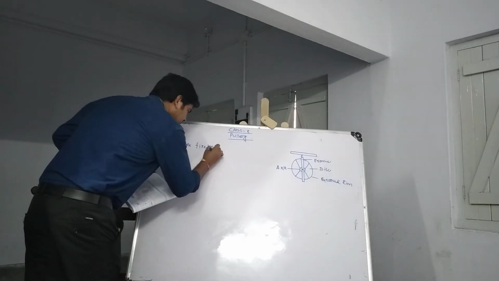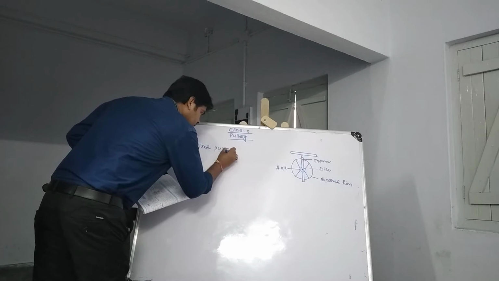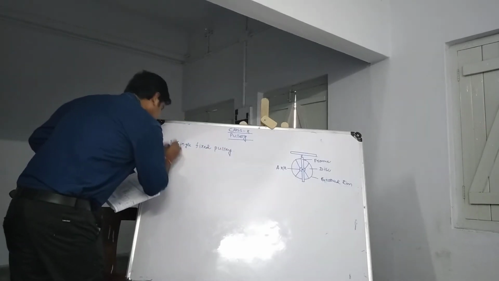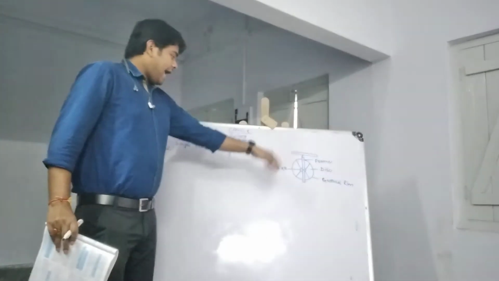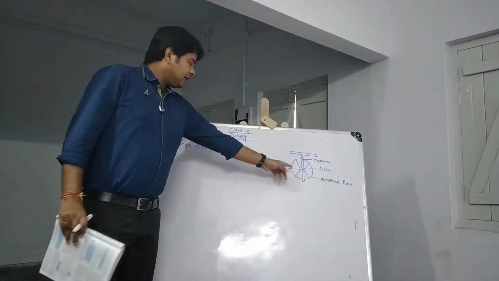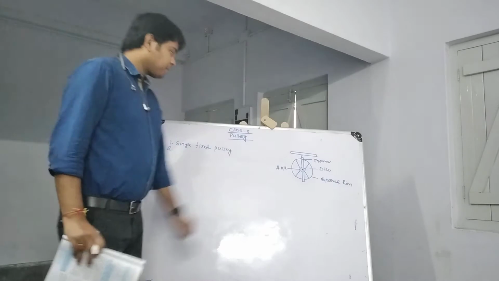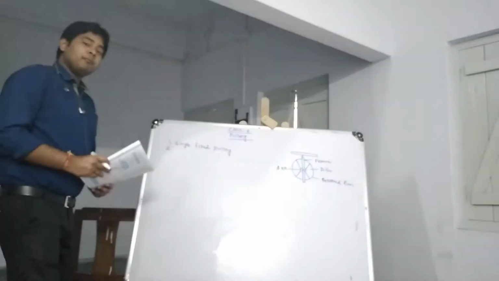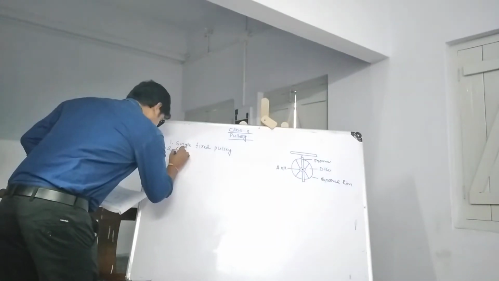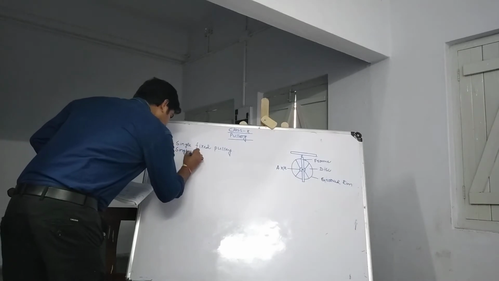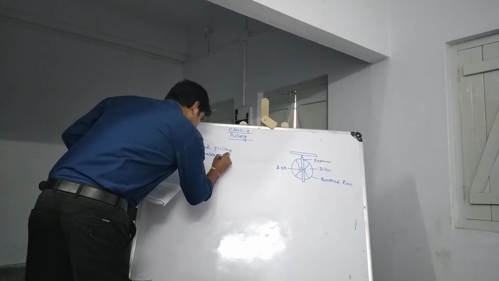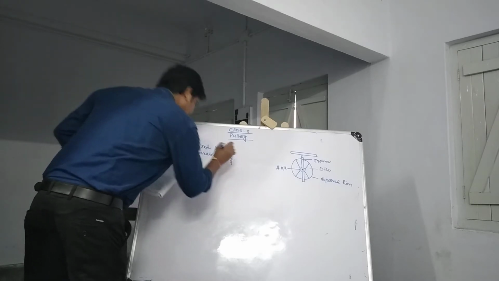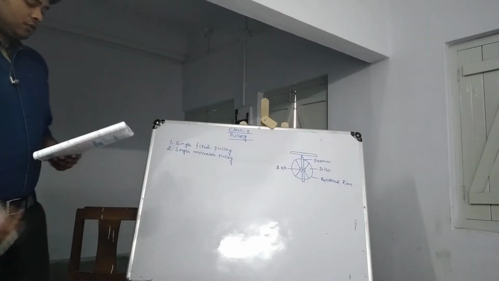And the second is single but movable. That is, the axis of rotation, the axle, is not fixed, it is movable. Single movable pulley. At first we will discuss these two pulleys.